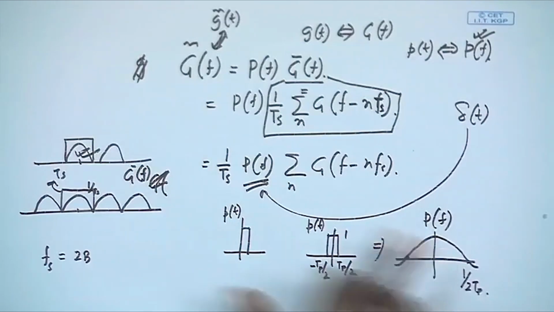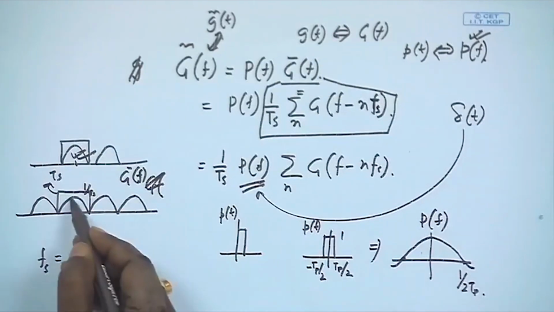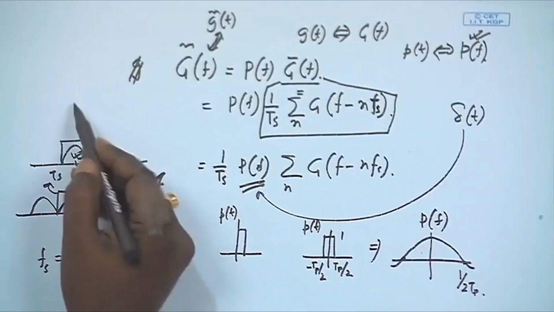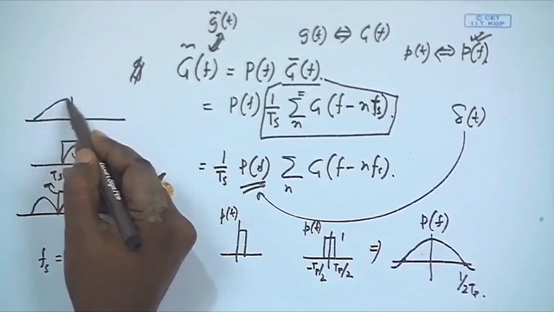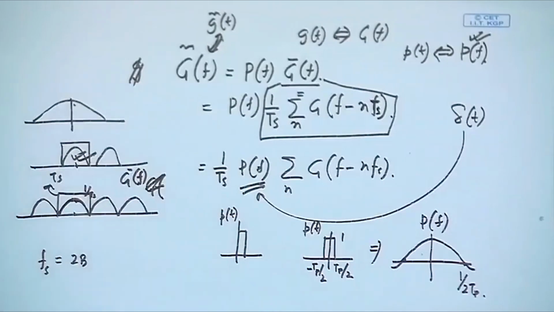Now, this should be multiplied with this one. So, what will happen? Once I multiply, this particular G(f) also gets multiplied with this P(f). So, whenever it gets multiplied, the frequency spectrum of G(f) gets a little bit distorted. This is what happens if, instead of an ideal pulse, I give some other non-ideal pulse: I will always get a distortion.